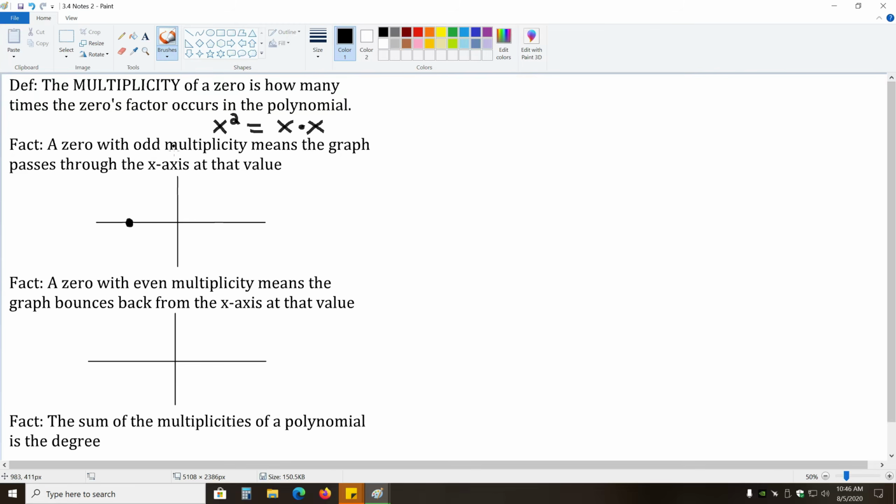If it has an odd multiplicity, let's go ahead and say its multiplicity is 1. So if it were something like x plus 2, just like that in the polynomial, then that means it has an exponent that's technically just 1, so the graph will just pass through this point, like so. A straight line right through it.